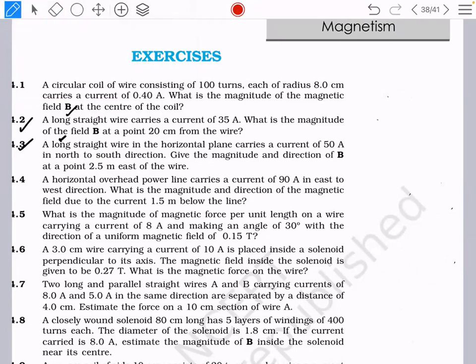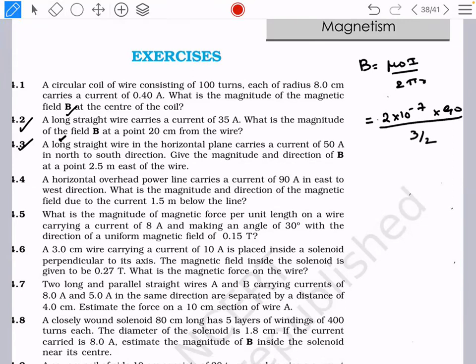So how much is it? B is equal to mu naught I divided by 2 pi r. So mu naught by 2 pi is 2 into 10 power minus 7. I is how much? 90, whole divided by r, which is 1.5. So 1.5 you can write as 3 by 2.